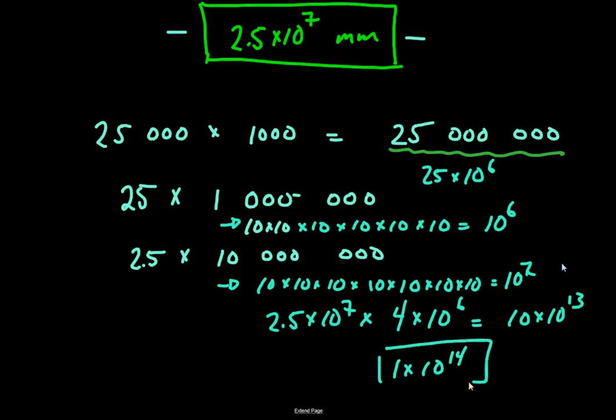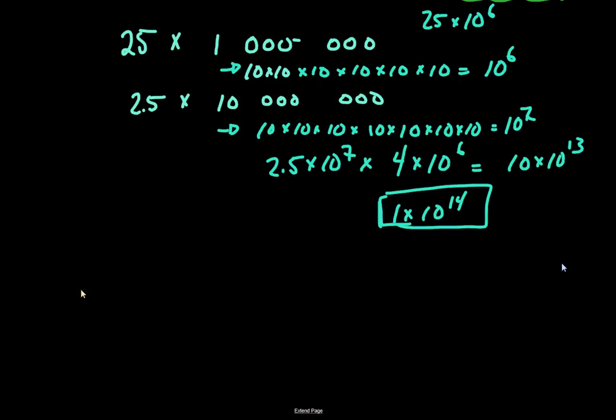So it's a really quick way of doing math with really big numbers. Otherwise, there's a little more work involved mentally in figuring out how this shakes out. This is, to me, a straightforward way of dealing with it.